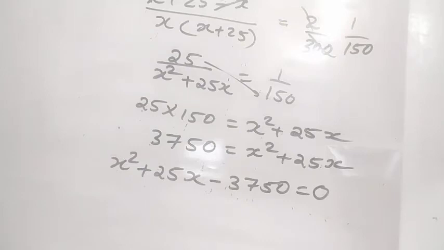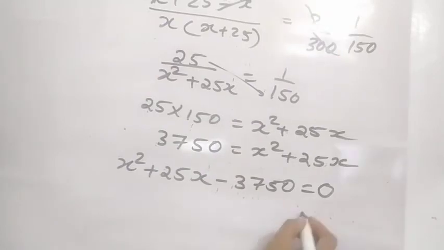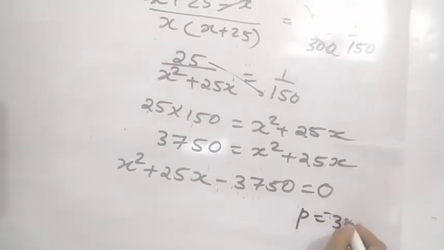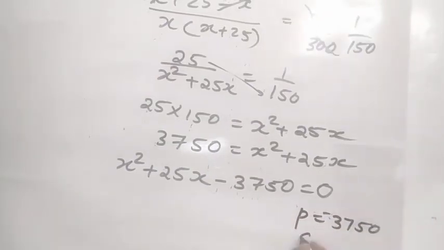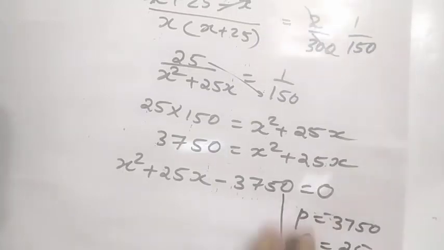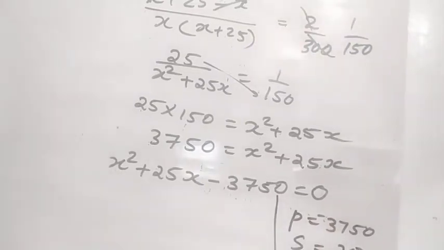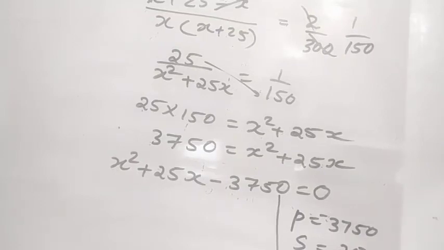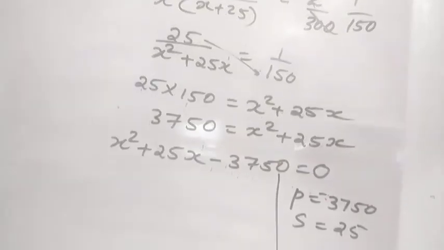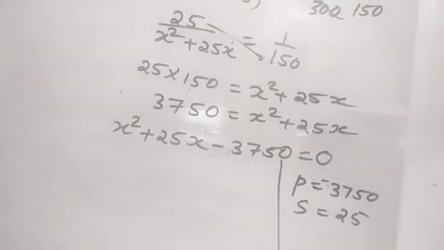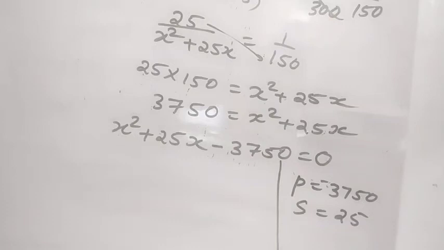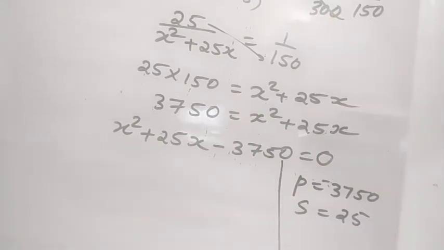And now we can factorize. Here the product should be negative 3750, and the sum is 25. Can you say which are the two numbers having the product 3750 and sum 25, or difference 25? Yes, they are 50 and 75.